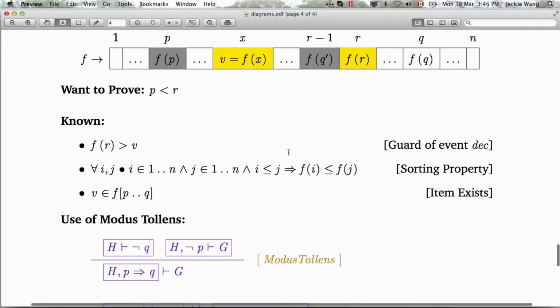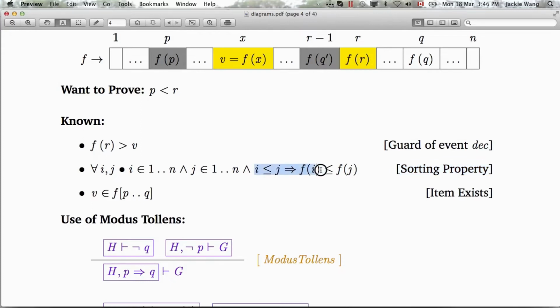And let's review what we have known already as facts. First of all, we have f of R larger than V from the guard of the current event, which is decrements. We have f of R is larger than the target value V that we are searching for in the array. Secondly, we have the sorting property that we declare from the context, and it has been declared as an axiom.